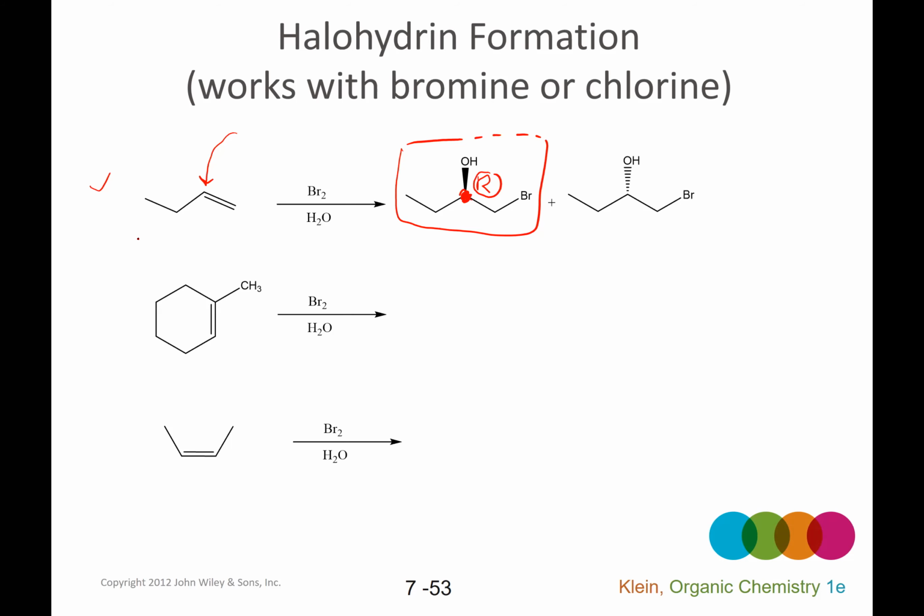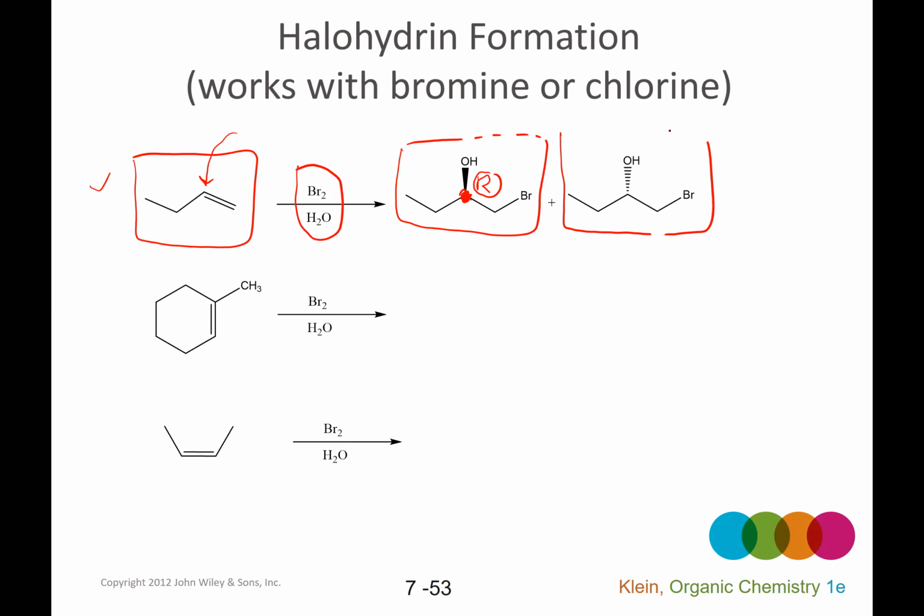But remember, because the starting alkene is optically inactive, it's achiral, and the reagents are optically inactive, they're achiral, the products must also be optically inactive, right? You cannot generate optical activity from reagents that are optically inactive. So the only way, as we've emphasized previously, that a chiral molecule can be optically inactive is if it's formed as a racemic mixture.